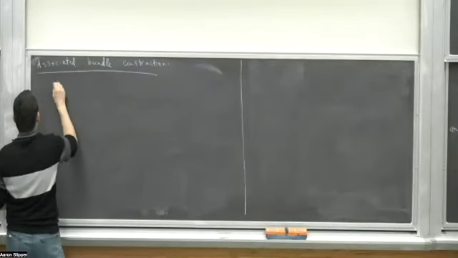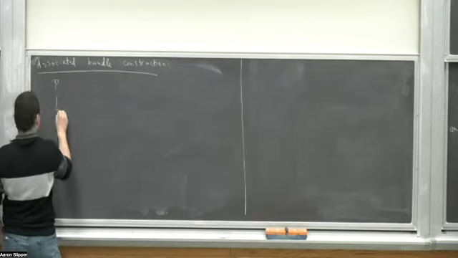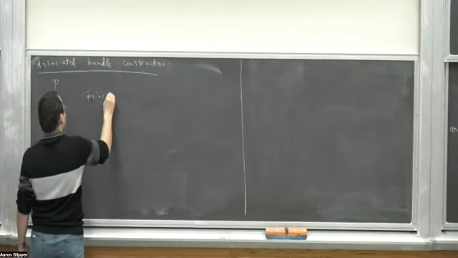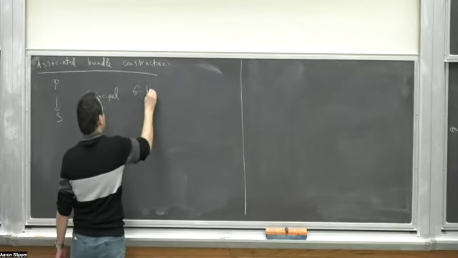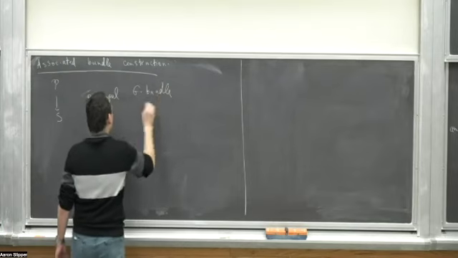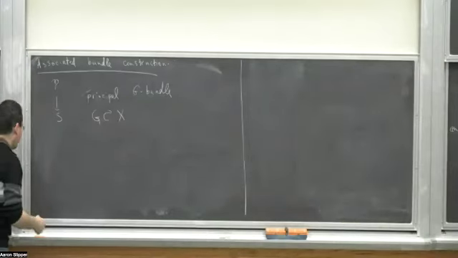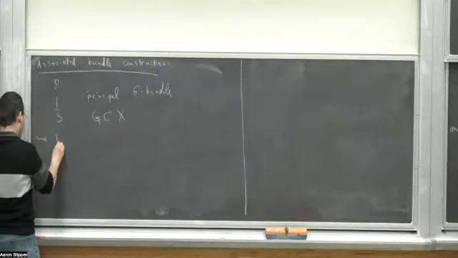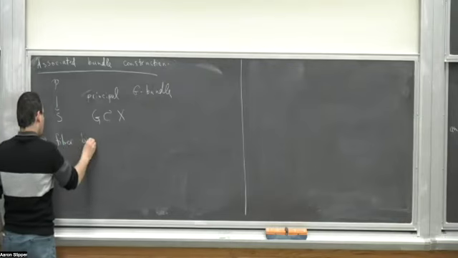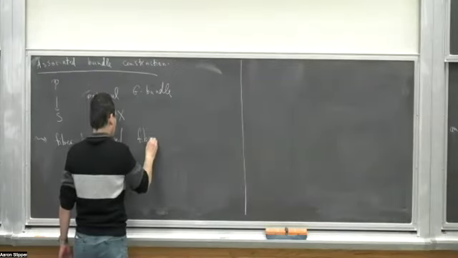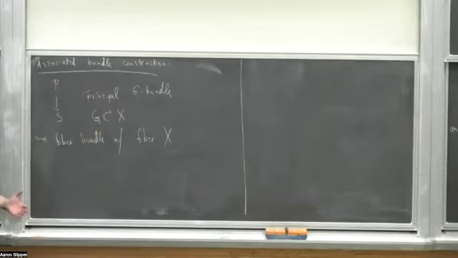So if E over S is the principal G bundle, and X is a scheme with a G action, then we can form a fiber bundle with fibers X. I think probably in topology this is a much more familiar construction.